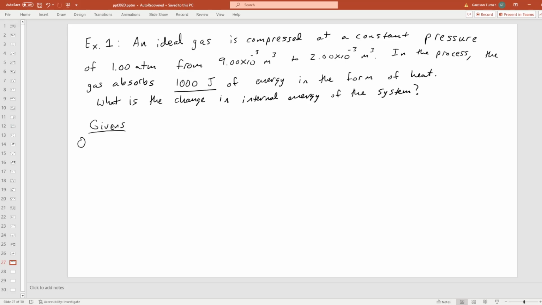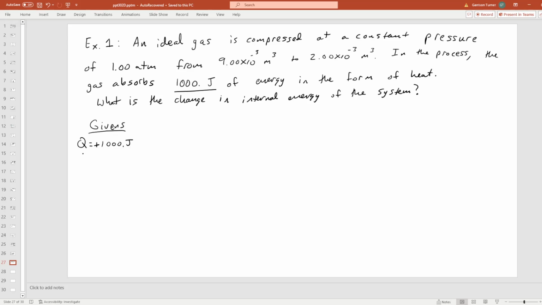So that means that Q is equal to 1,000 joules, and that is positive. I'm actually going to put a period here, so this is exactly 1,000, and therefore we have 4 significant figures. So my heat that's gained is 1,000 joules. Because the system absorbed that heat, it goes into increasing the internal energy.